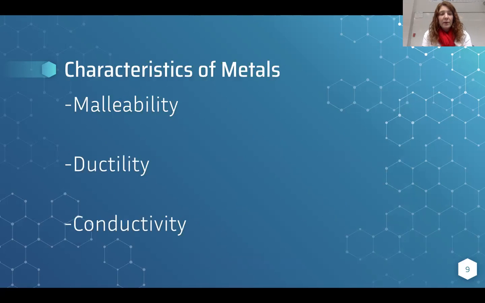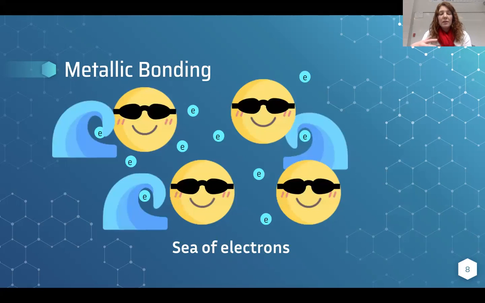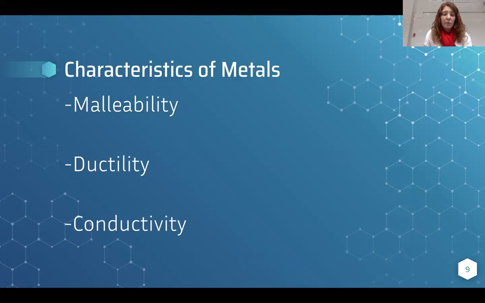But remember, this idea of negative electrons just hanging out in this empty space actually gives metals the characteristics that we know and really rely on in our world. The characteristics of metals, some of the most common ones that we talk about, are malleability, ductility, and conductivity.